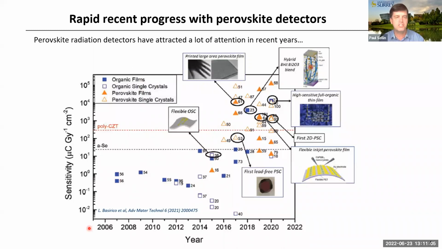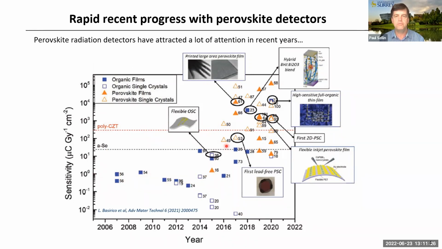So you can see the sensitivity to X-rays is given in these slightly unusual but rather standard units of microcoulombs per gray centimeter squared. And you can see that some of these early devices came along at roughly a sensitivity of about 1 in those units.